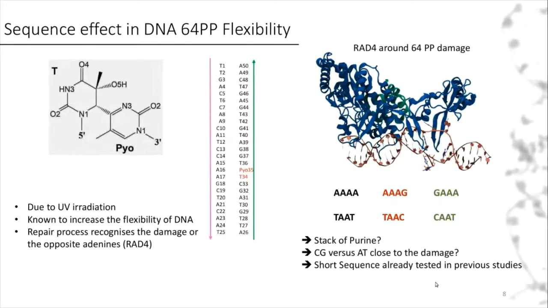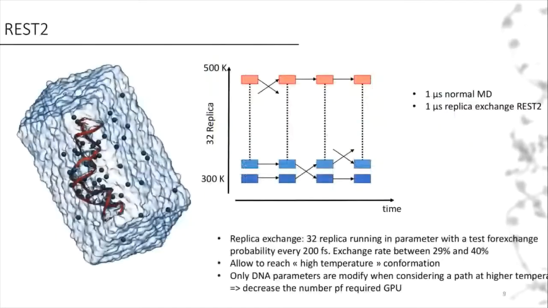So then, for the methods, we can use only classical molecular dynamics, but even if we go to microsecond, it's quite difficult to be sure that we sample correctly the conformation, and in general we can be blocked in one conformation and only visit it.